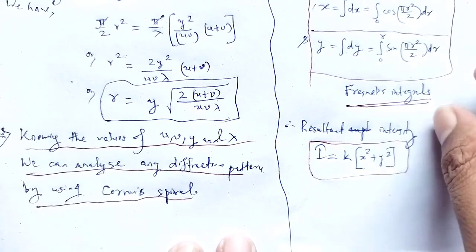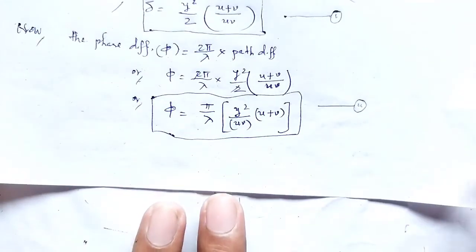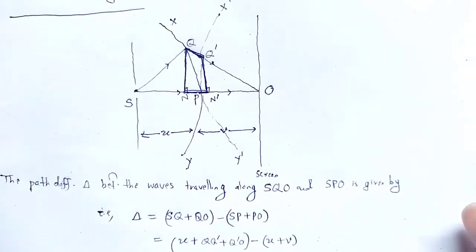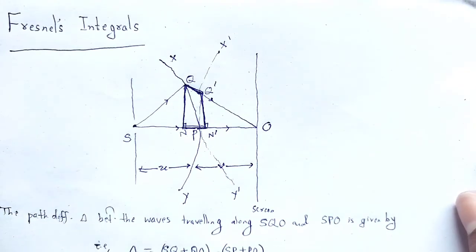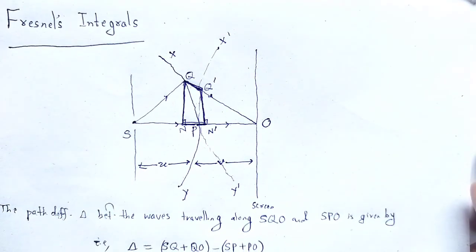So, with the help of this visual lecture, we understand what Fresnel's integrals are. By using Fresnel's integrals, we can calculate the intensity of light as we obtain the diffraction pattern on the screen.